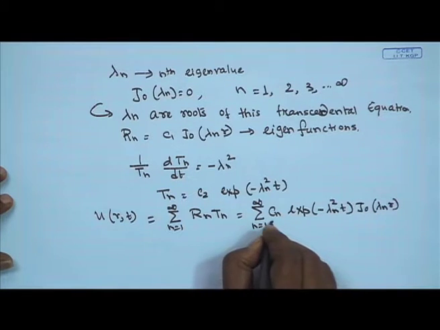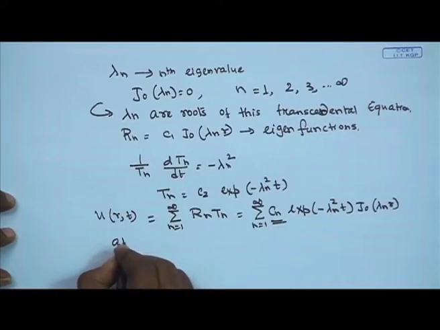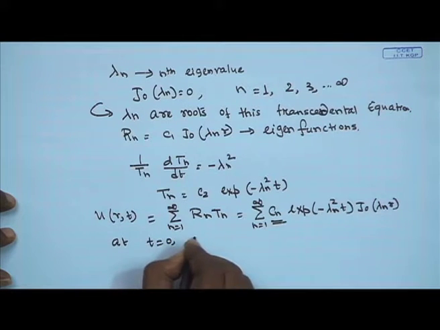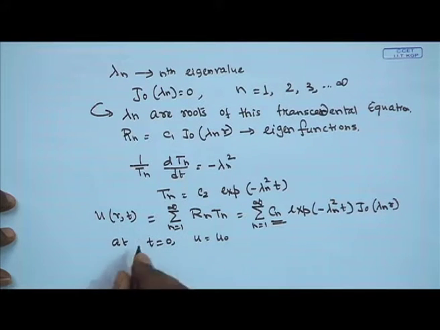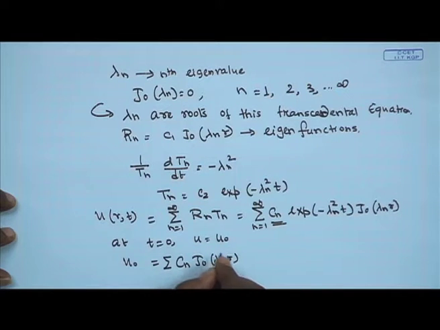Now, the undetermined coefficient Cn will be evaluated from the initial condition that at t is equal to 0, u is equal to u naught. If you write that, at t is equal to 0, u is equal to u naught, you will get u naught is equal to the summation of Cn J0(lambda n r).